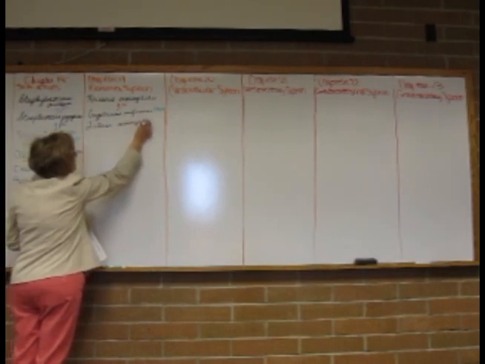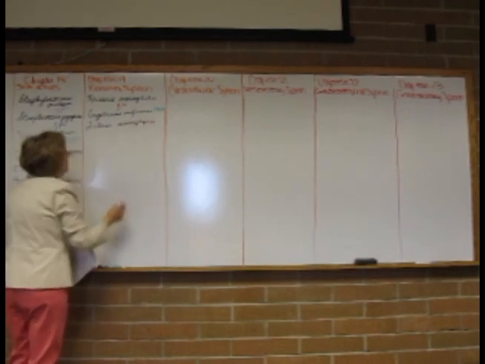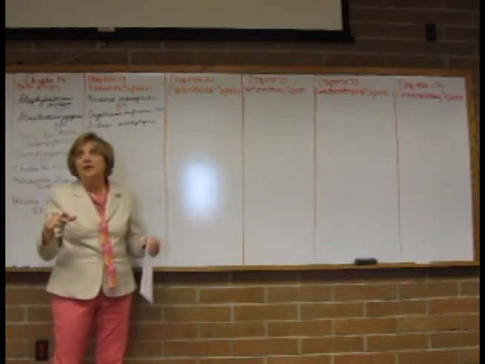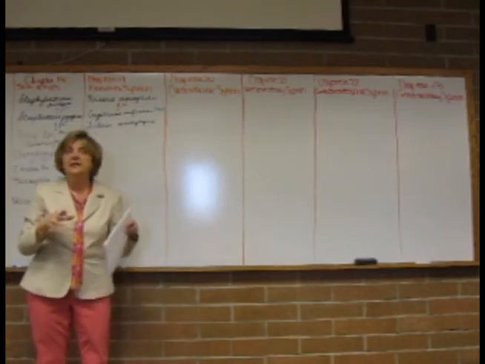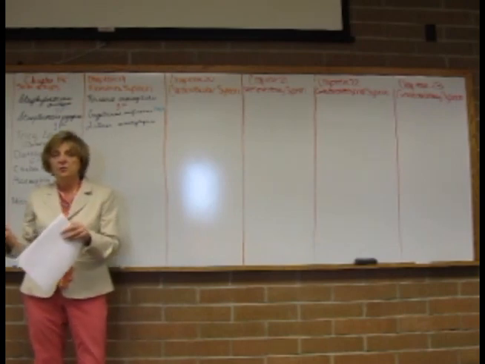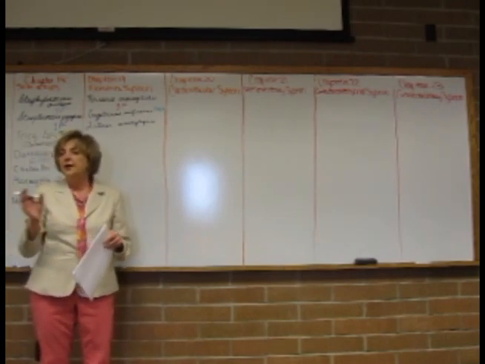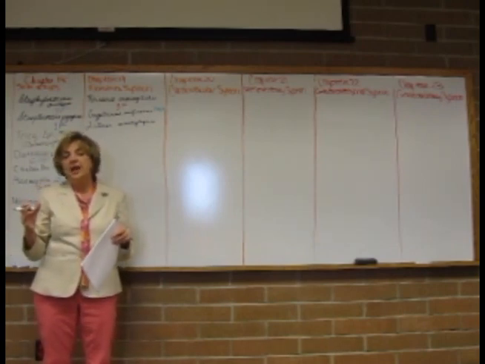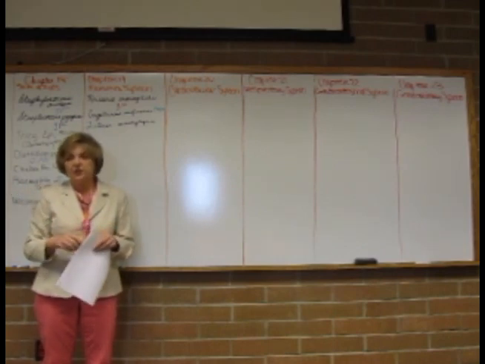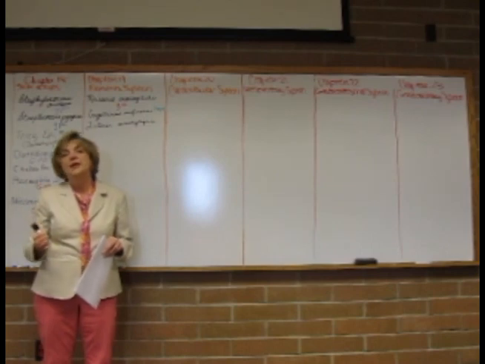All right, then we have Listeria monocytogenes. It causes meningitis in adults and newborns, so we had it in two places in the chapter. The other thing is that we know it's associated with cold foods. It can be in dairy products.